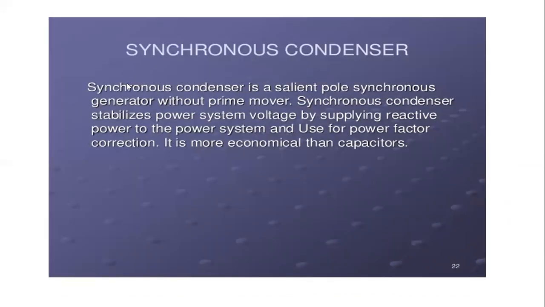Next one is the synchronous condenser. It is a salient pole synchronous generator without a prime mover. The synchronous condenser stabilizes the power system voltage by supplying reactive power to the power system, and is used for power factor correction.